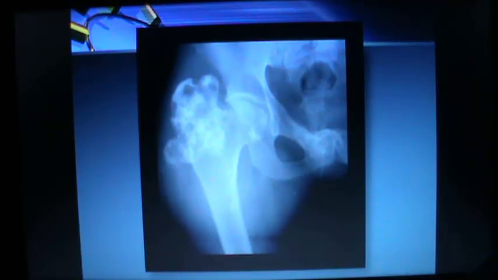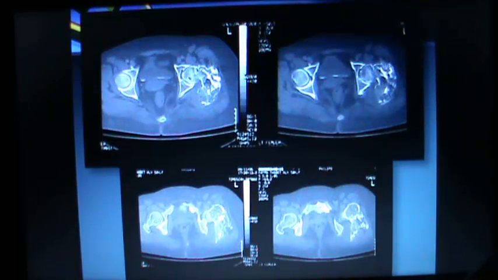Similarly, this one with soft tissue density and thickening around denoting malignant change. Same, you can see the lesion, and posteriorly there is interrupted cortex and soft tissue infiltration around denoting malignant change.